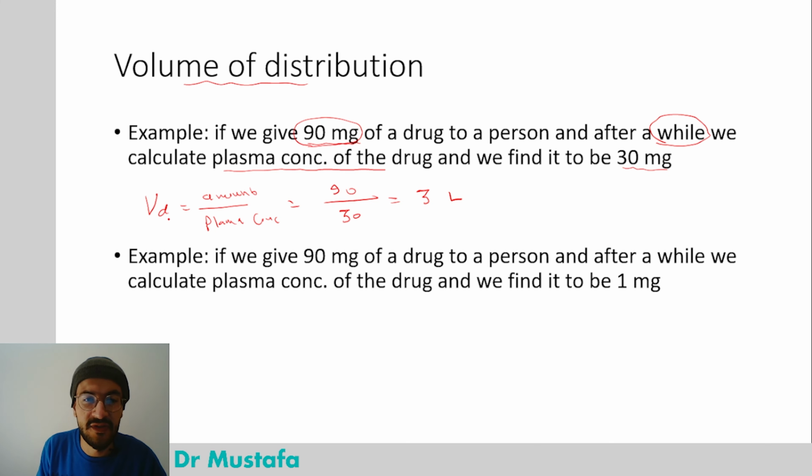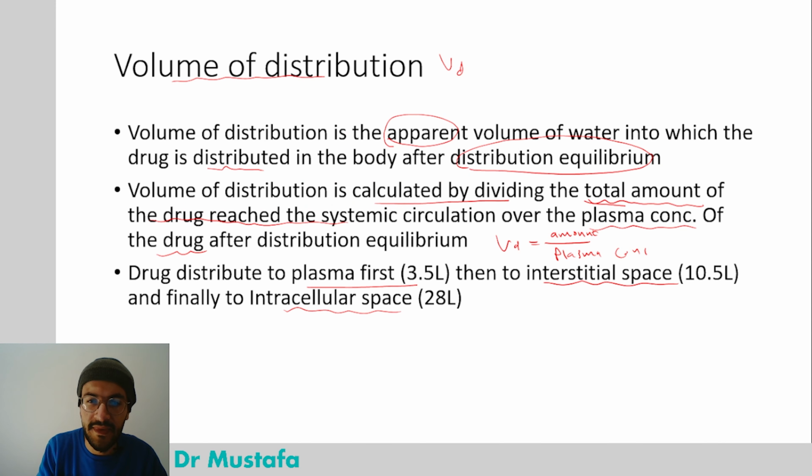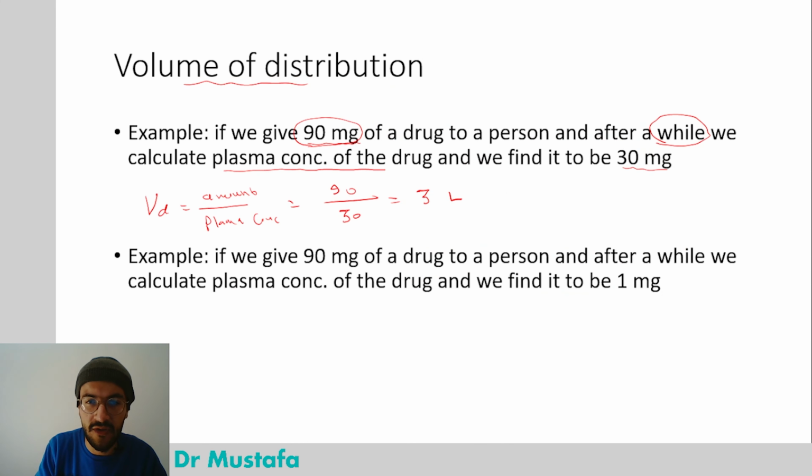So the volume of distribution of this drug is 3 liters, and we mentioned that the plasma would be 3.5, the interstitial space 10.5, and the intracellular space 28. So this drug will distribute only to the plasma.